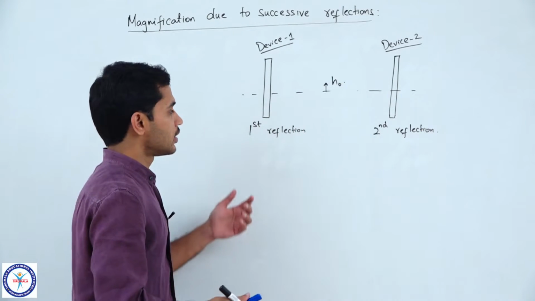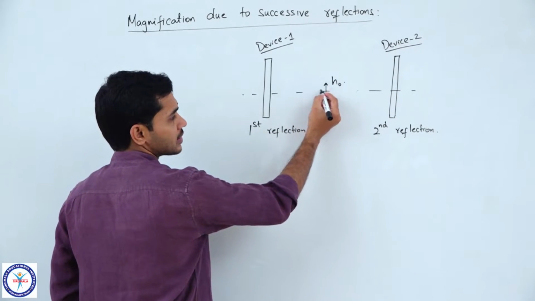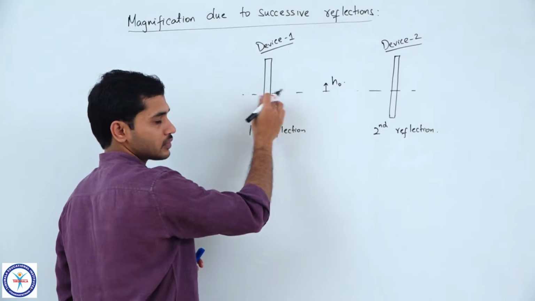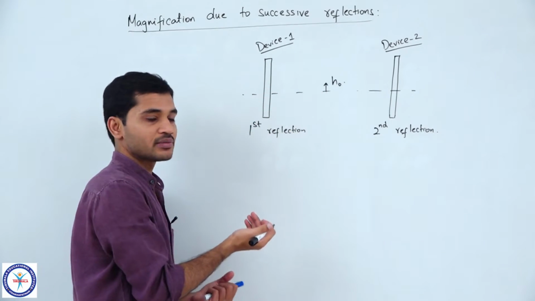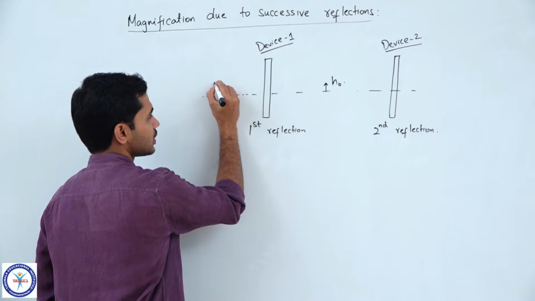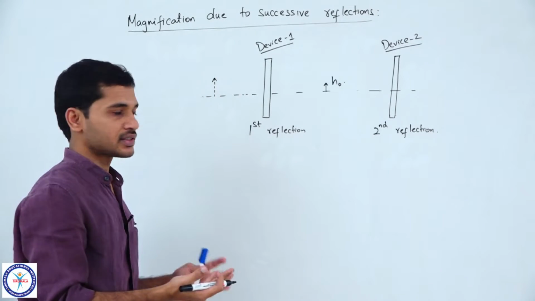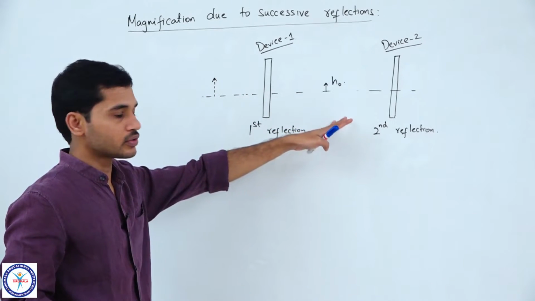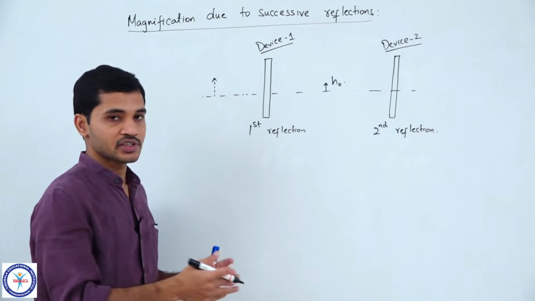As light from this object strikes device 1, let us say it forms an image something like this. I am just taking a general case; it might be formed on that side also or it might be inverted. I am just representing it for the derivation.